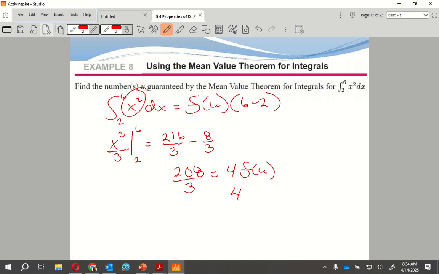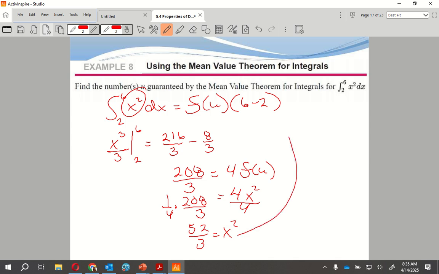My function is x squared, which is equal to 208 over 3. And divide everything by 4. So that's 52 over 3 is equal to x squared.